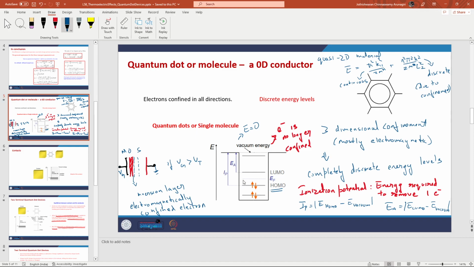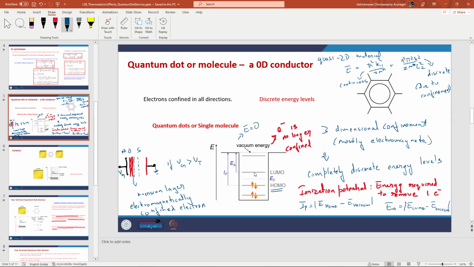So for 4 electrons, although I can identify the midpoint between the HOMO and the LUMO, I can name it the Fermi level, but it is not going to play the role of the Fermi level. So for the sake of formality, I can define the Fermi level, but in general, the quantities that are more important are the ionization potential and the electron affinity.